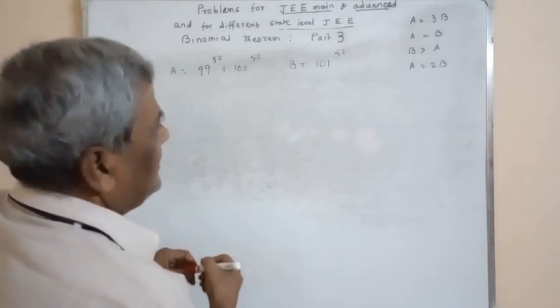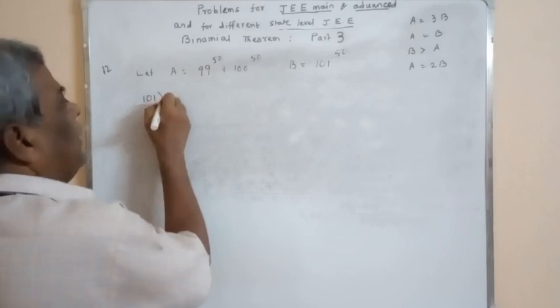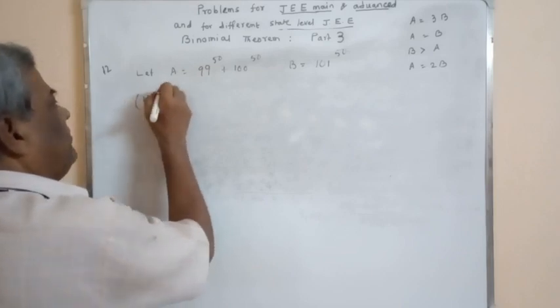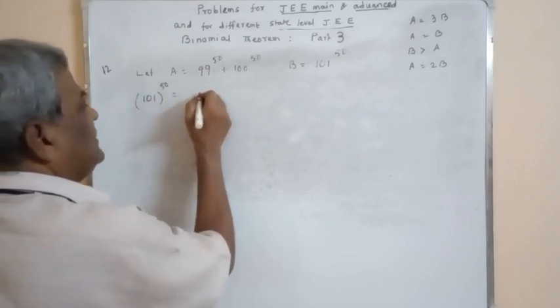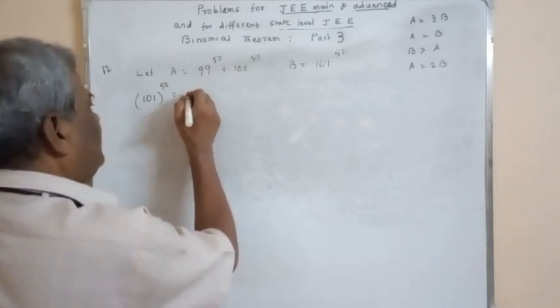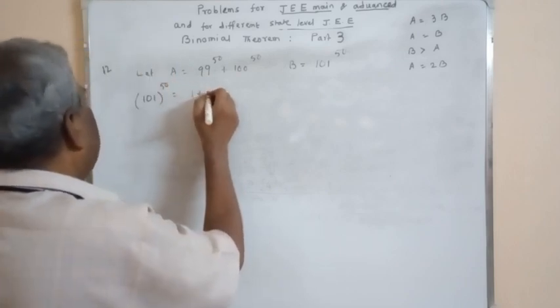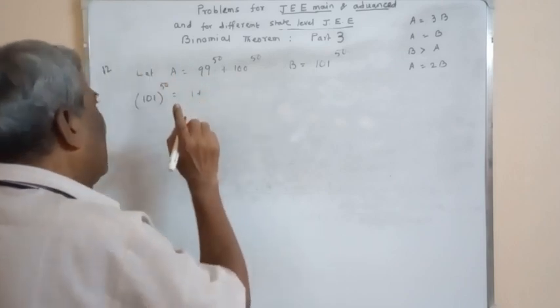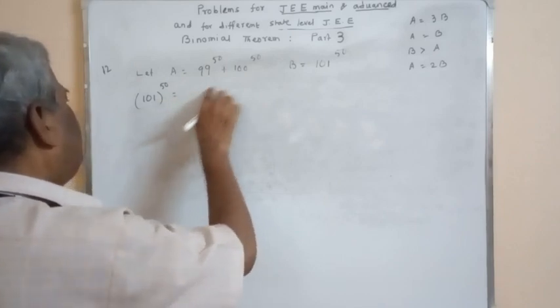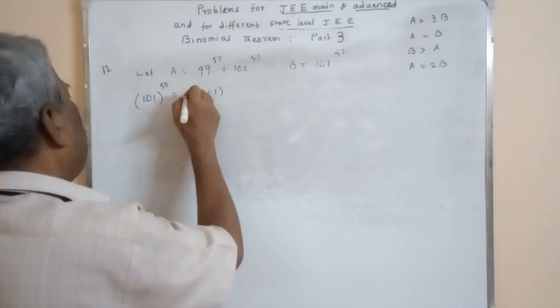For that purpose, let us start from here. 101 to the power 50 can be written as 100 plus 1, whole to the power 50.